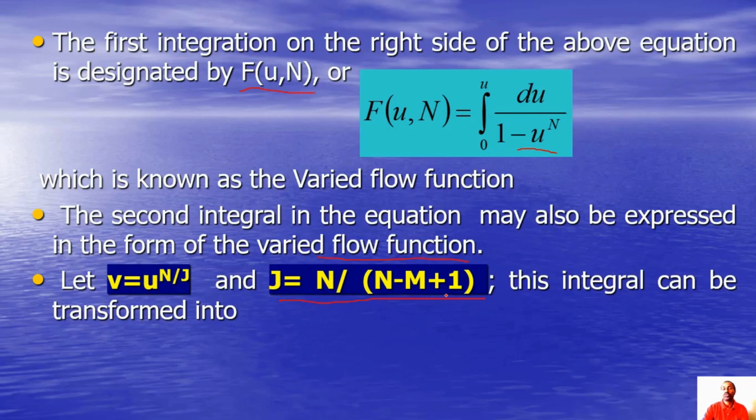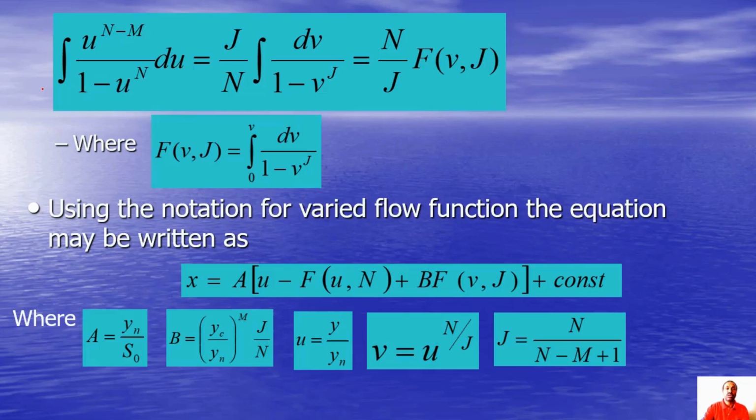So how do you compute this equation into another format? Let us see. The integral can be transformed into this one. After transformation, you have the integration of u to the power of n minus m over 1 minus u to the power of n du. Then j over n, you have the varied flow function, which is f of v j, the integration from 0 to v of dv over 1 minus v to the power of j.